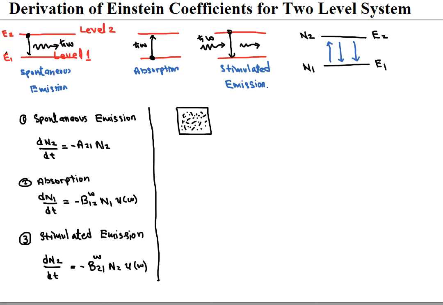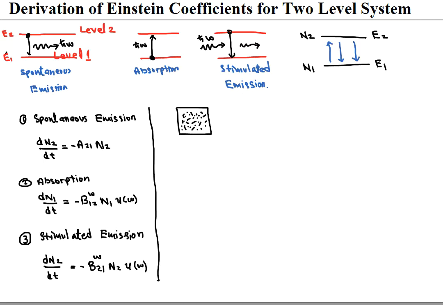But there will be a time when these three transitions will be happening, there will be a time when the thermal equilibrium will be achieved. So in the thermal equilibrium, the upward transitions due to absorption of the energy will be equal to the downward transitions that are spontaneous and stimulated.